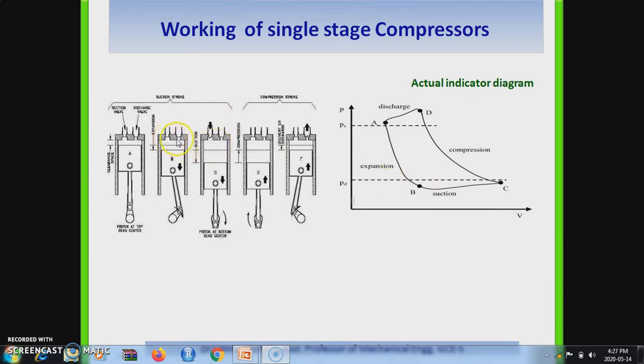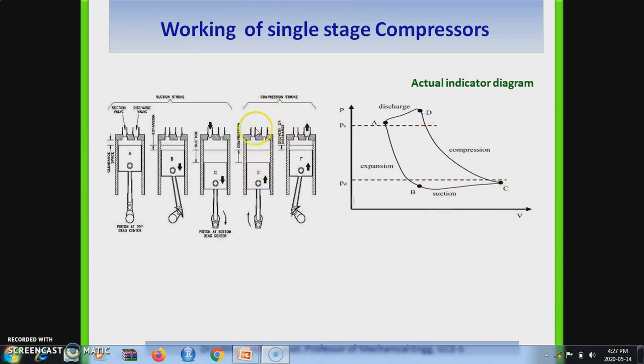As the piston moves further, with the pressure below atmospheric, the suction valve opens, and the piston continues up to bottom dead center. Then the piston moves in the upward direction and the compression stroke takes place.